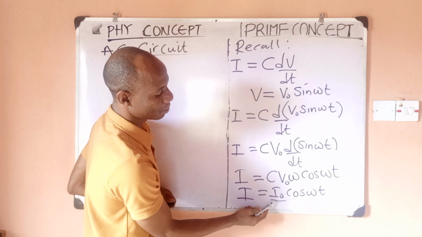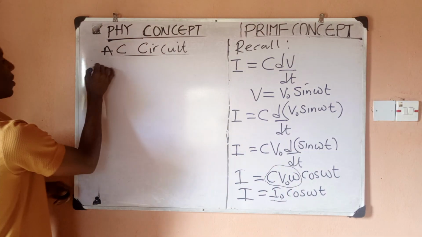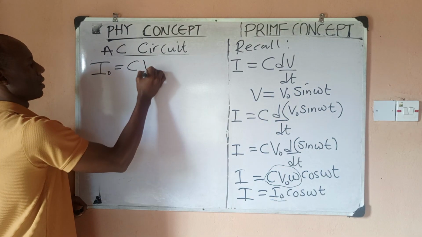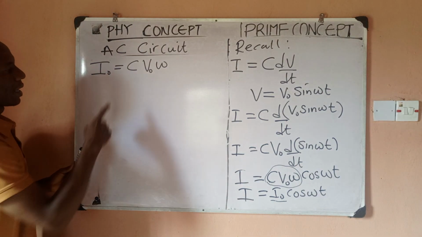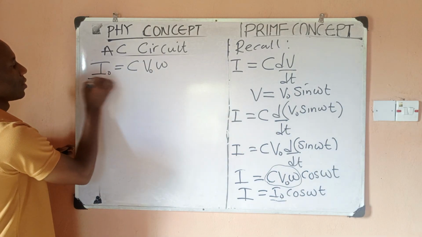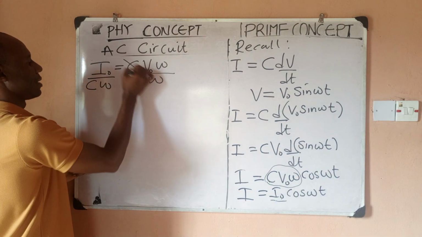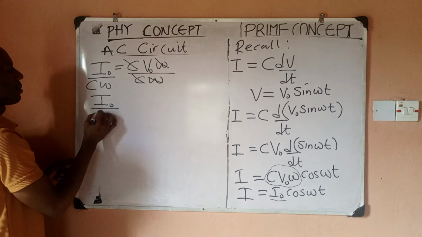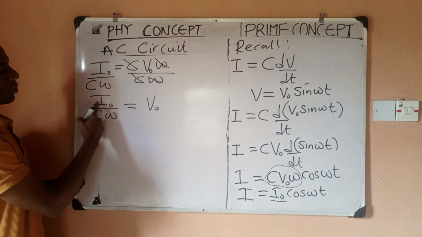So we can say that our peak current I naught by comparison would be equal to C V naught omega. So what I'm going to do now is divide both sides by C omega, so that this goes, this goes. Then I would have I naught divided by C omega equals V naught.